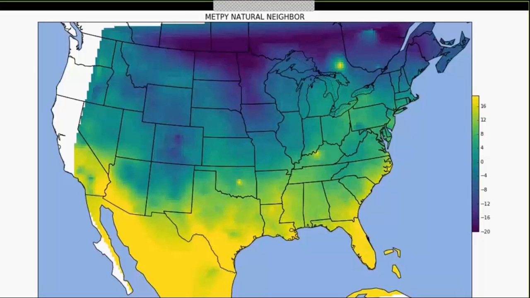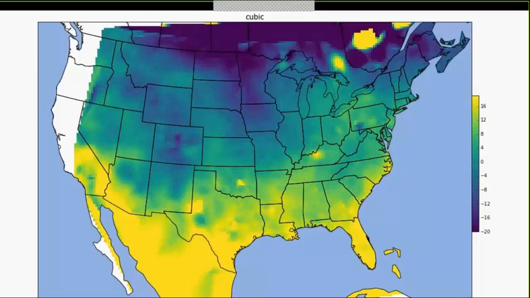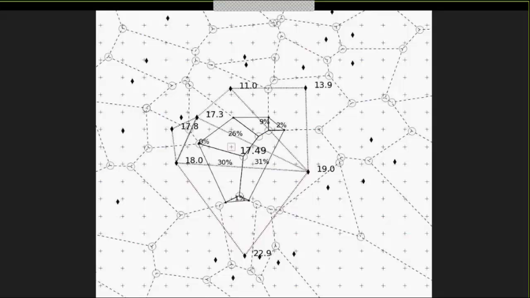Also, the thing about natural neighbors is if you're not doing anything to compensate for your data density and the actual geometry of observations, say you have one observation on one side of your grid point and four on the other, linear doesn't account for that at all. It needs to do distance weighted stuff, whereas natural neighbor accounts for the actual arrangement of the observations.